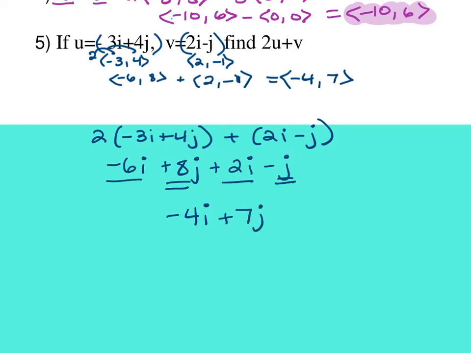Because it was given to us in this IJ format, we want to make sure our answer is in this format, so I need to come back up here if I did it this way and put it back into IJ format. The first one gets the I and the last one gets the J.